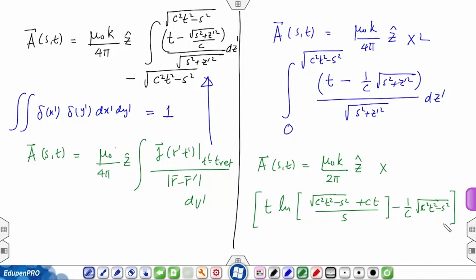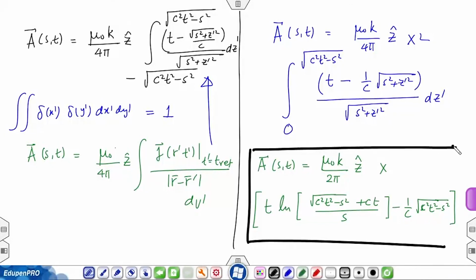That is the answer for the vector potential.